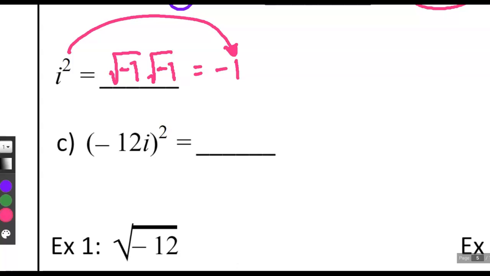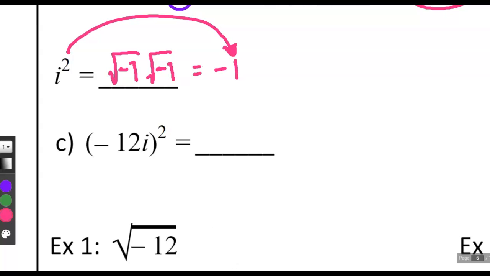So just really quickly, what do you think -12i squared is going to be? Let's do it separately. What's -12 squared? Okay.